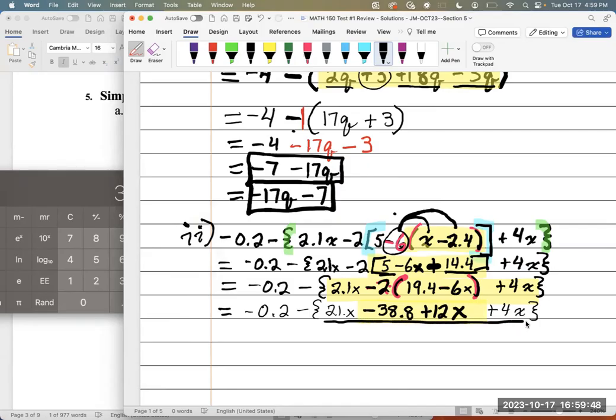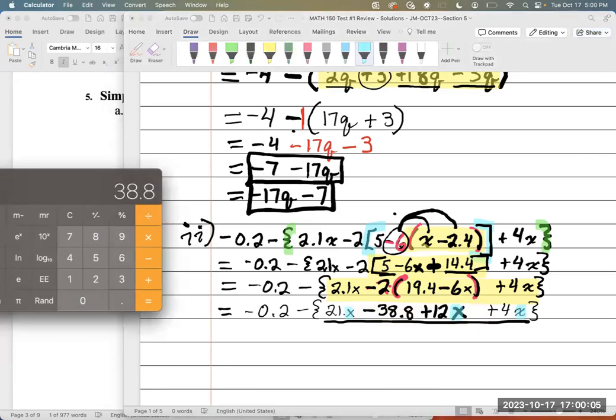Now I can look at everything inside these parentheses. You know, it's not parentheses, it's set notation, but we can just call them grouping symbols. So looking at this, I notice that I have an x here, an x here, so I have 3 terms that can be combined.